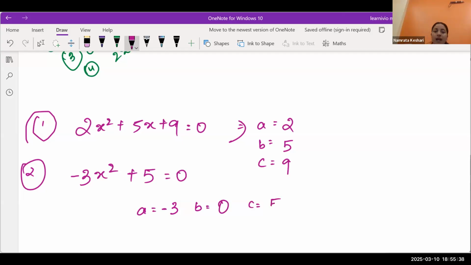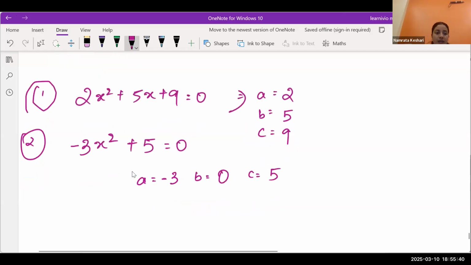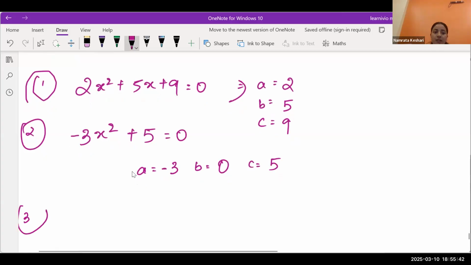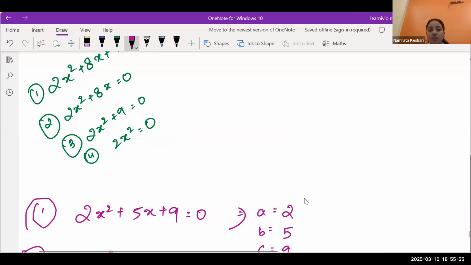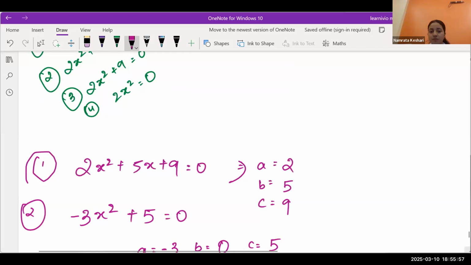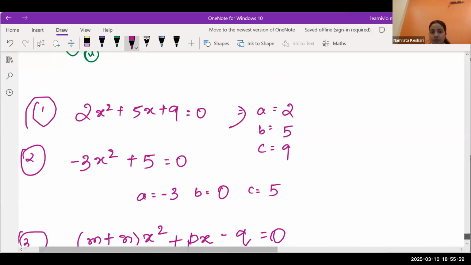Perfect. If we are having an equation where I am writing m plus n x square plus px minus q is equal to 0, can you tell me, Rayyan, what is A, what is B, what is C? Just a moment, I'm coming over here.